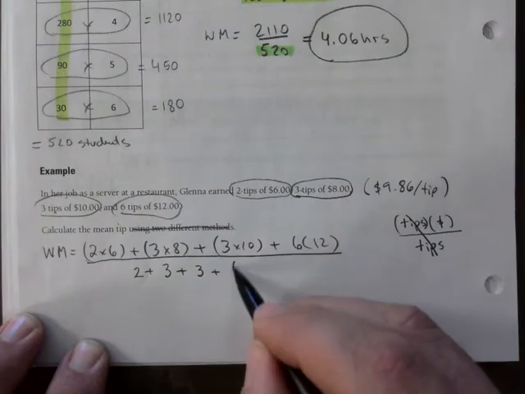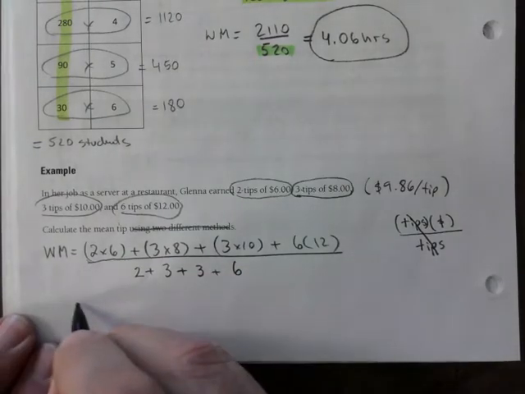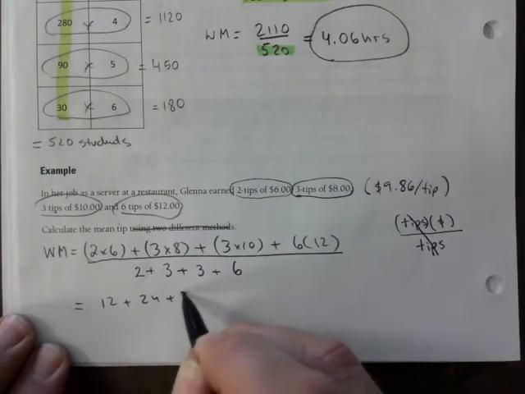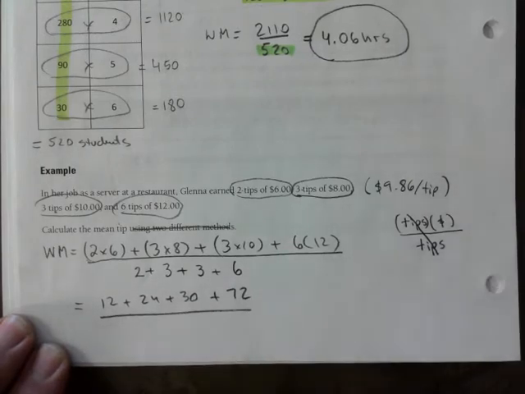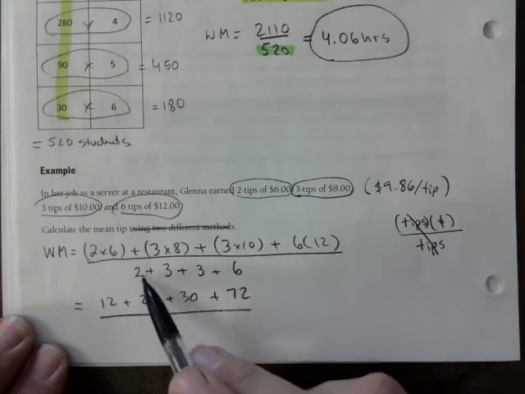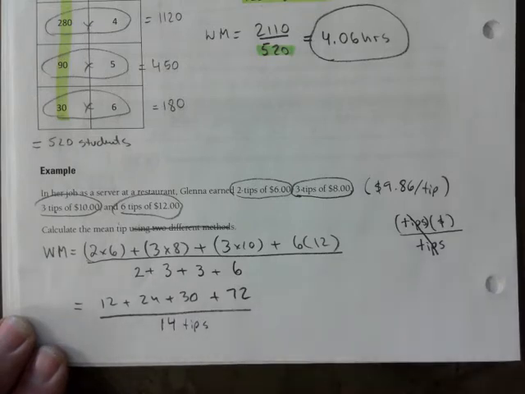It's almost like you're considering this to be a table. And then you go 12 plus 24 plus 30 plus 72 over 6 and 6 is 12 plus 2 is 14. We have 14 tips that are considered.